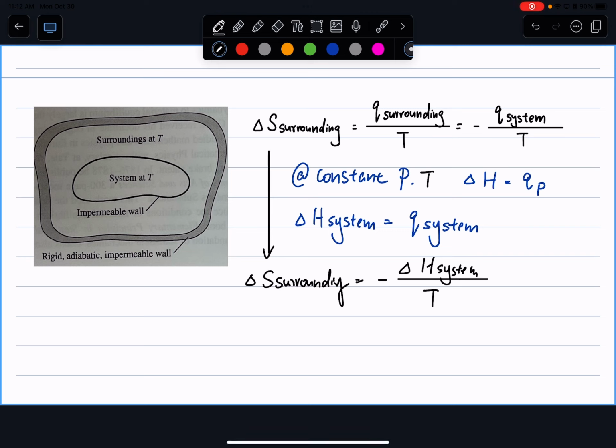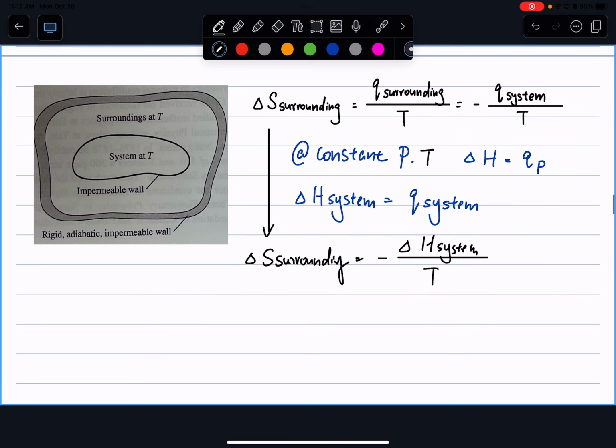So for this whole process, what we care about is the delta S of the universe equals delta S of the system plus delta S of the surrounding. And this is given by just the extensive nature of entropy as a state function.